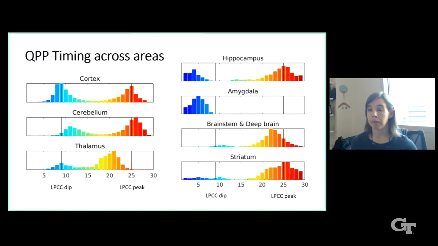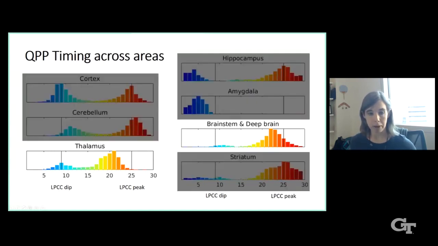So the first thing we did is just go back and look at the timing of the QPPs across different areas of the brain. What I'm showing now is the number of voxels that peak at any given point in the QPP cycle. This is a lot of information, but let's just focus in on a couple of key areas. These 2 lines tell us when the left posterior cingulate cortex, which is a key node of the default mode network, has its peak deactivation or its peak activation.